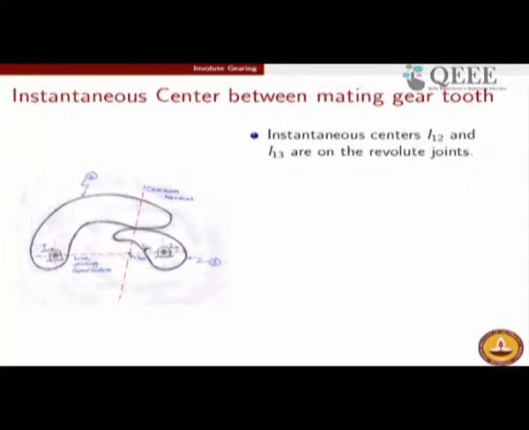So, we keep the gear tooth geometry arbitrary, which is why this drawing looks peculiar on first sight, but the derivation is rigorous, because it is true for arbitrary tooth profiles.